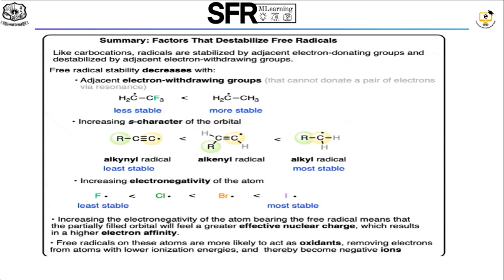The summary of free radical stability: a free radical adjacent to an electron withdrawing group is less stable, and when an electron releasing group is attached to a free radical, it is more stable.